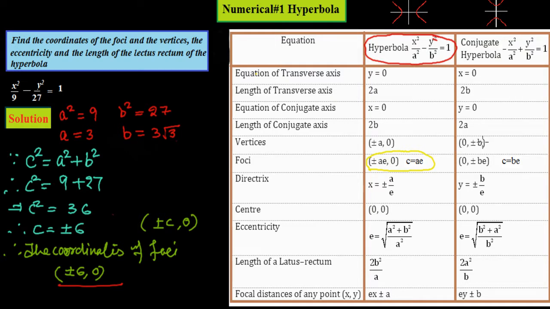Now we have to find out the coordinates of vertices. The coordinates of vertices are plus minus a comma 0. A we have 3 here.